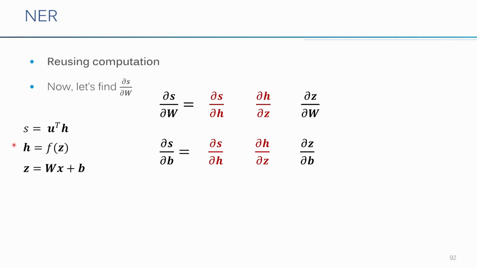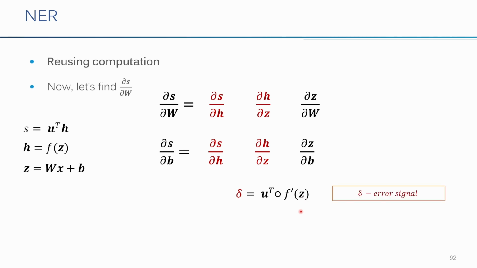So we can reuse those calculations because they will be the same for all the other parameters that we have here. So why not already say that this term here, this delta, is the same thing as doing the Hadamard product between u transpose and the partial derivative of all the terms that we have for z.